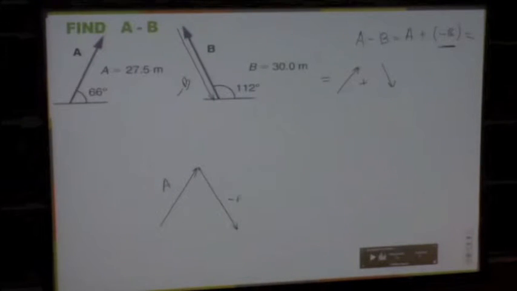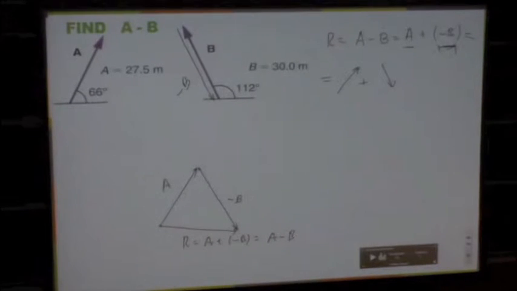That's negative B. I don't see the resultant yet. Well, this is A plus negative B. Start, finish, start to finish. That's the resultant. That's what we call R, which is A plus negative B, or just A minus B.